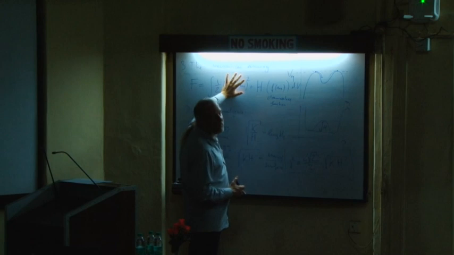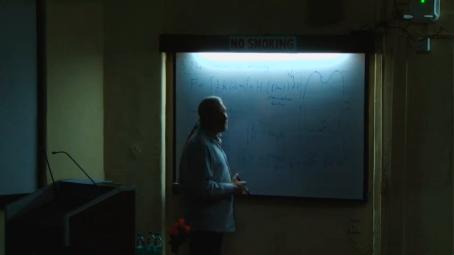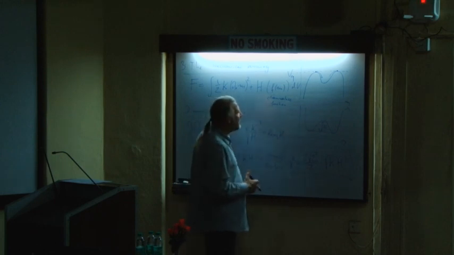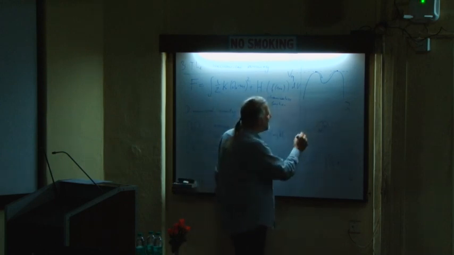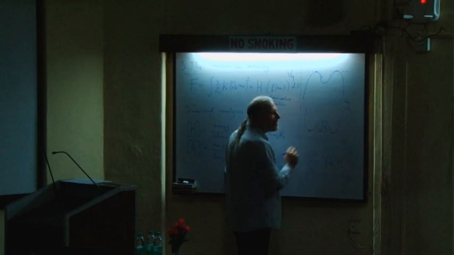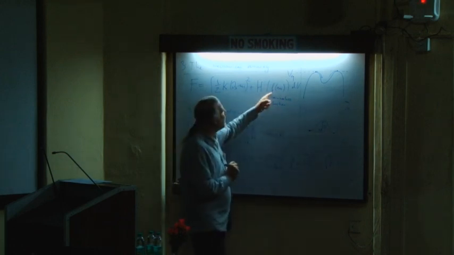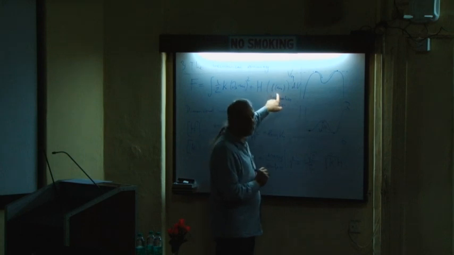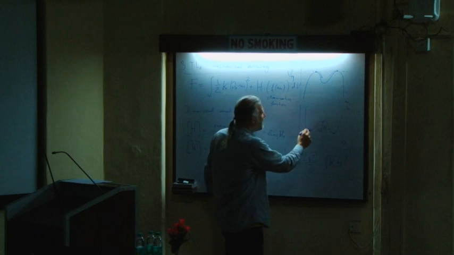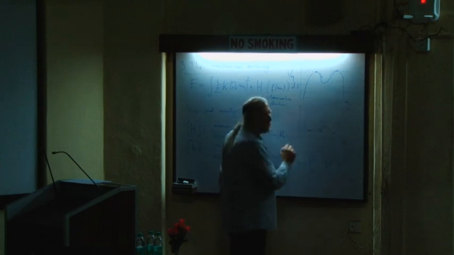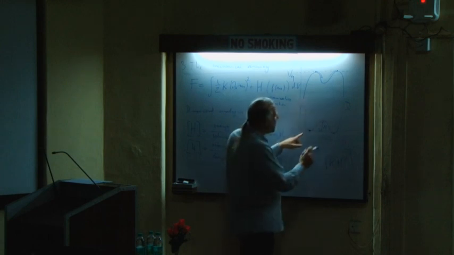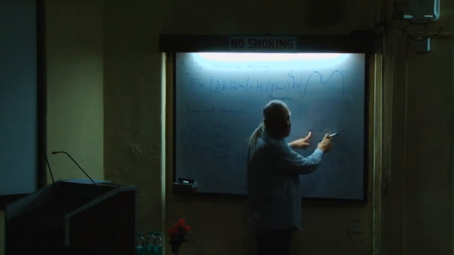If the gradient term was not there, what would the double well term like to have? Well, it would like the entire system to be somewhere in the wells. So the profile that minimizes this term alone is a step function. Because you stay in this well on one side and then you jump to the other side. So a step function would put the whole system in the wells.